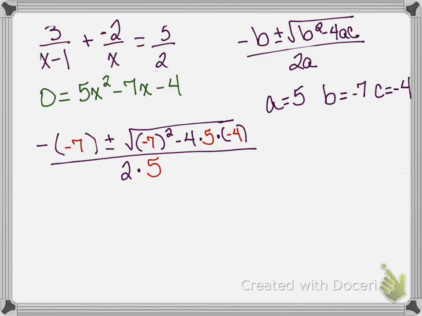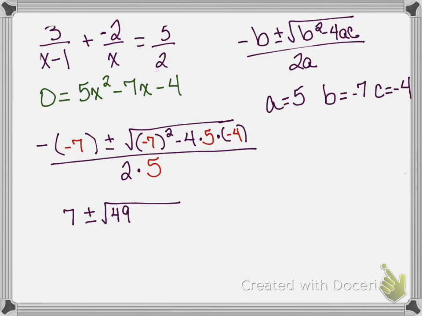So now we're going to simplify. Negative 7 is positive 7 plus or minus the square root. Negative 7 squared is 49. Positive 49.